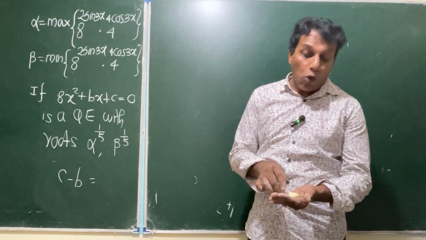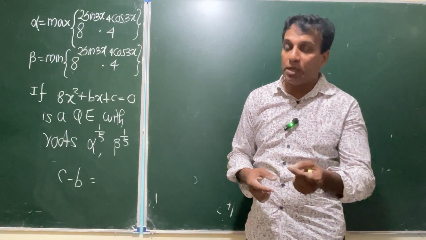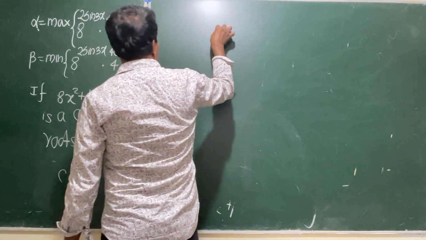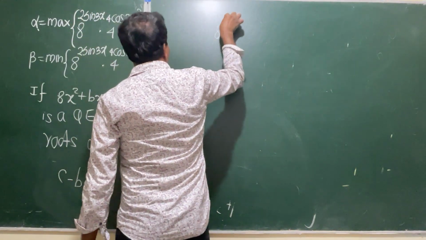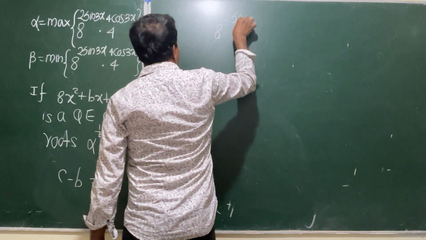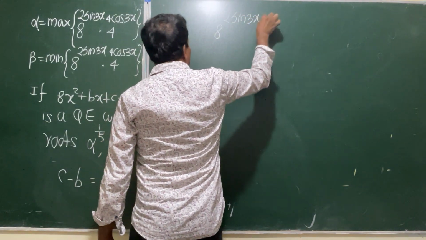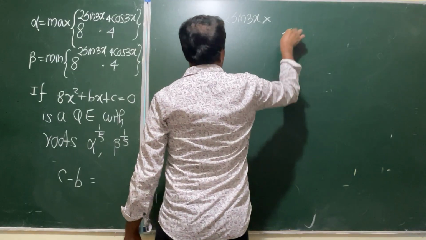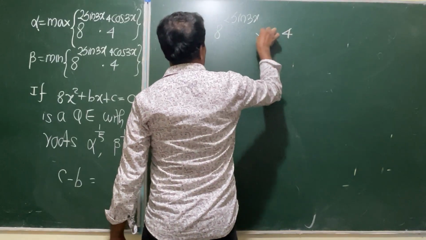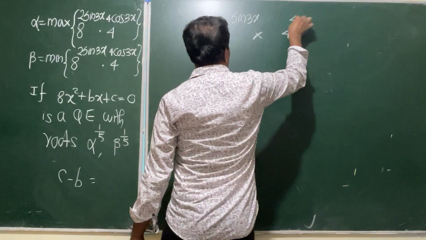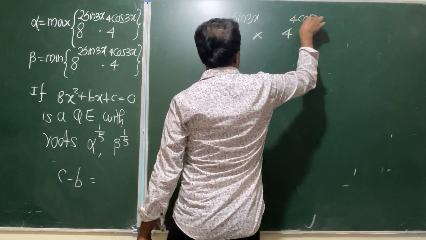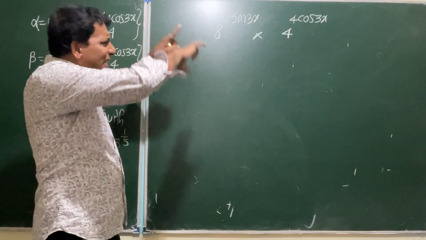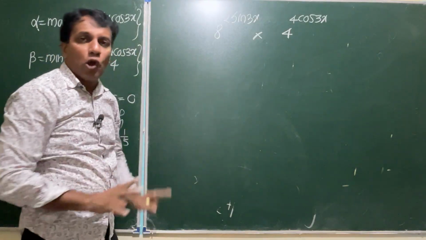Okay. See how I am showing this from the first principle. So actually what is this expression? 8 to the power 2 sine 3x into 4 to the power 4 cos 3x. My target is to find the maximum and minimum value of this.